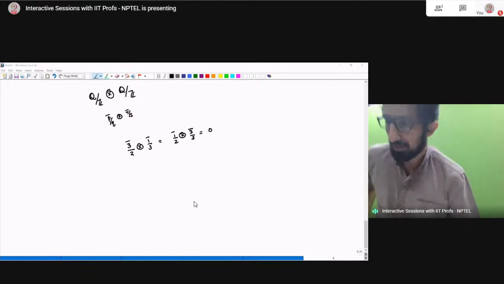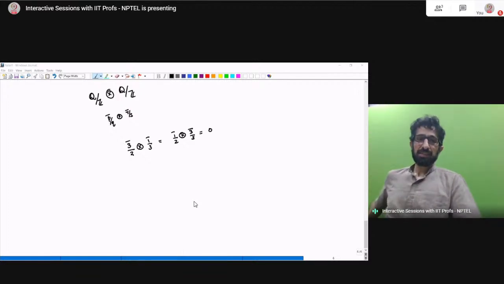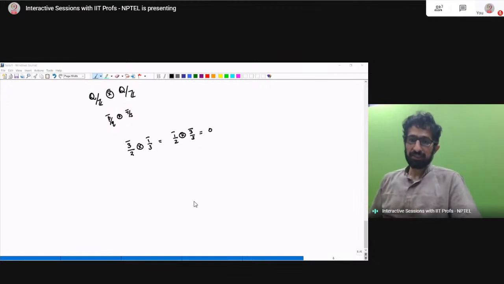But to see a connection between the zero set and the ideal, you can still do that even without the Nullstellensatz.